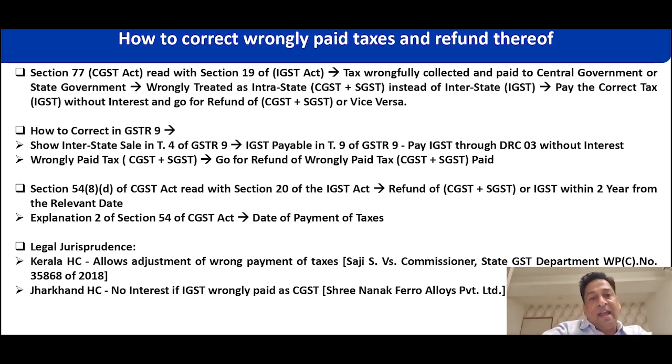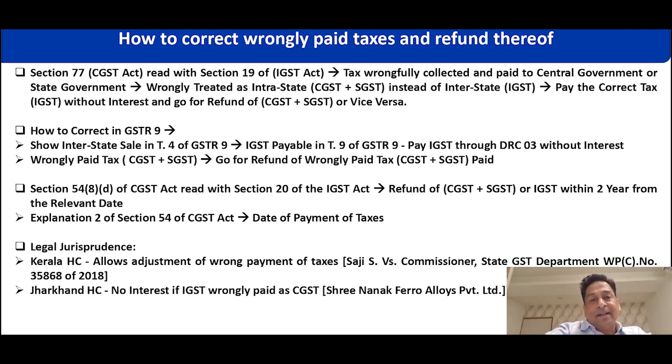In my humble opinion, 2 years will be calculated from the relevant date, and the relevant date would be the date of payment of IGST. Then only are you eligible to go for refund of the wrongly paid CGST and SGST.